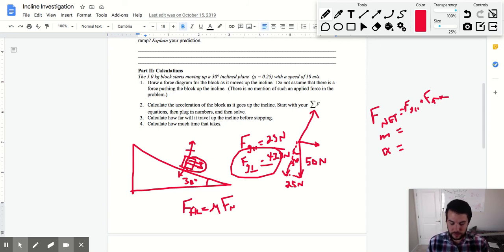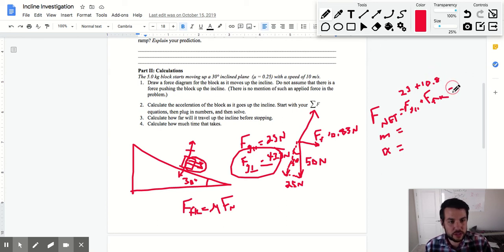It's the normal force. So 0.25 times 43.3 gives you 10.825, so my force of friction is 10.83 newtons. So this is 25 newtons, and this is 10.8 newtons.